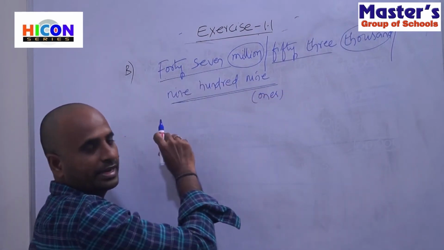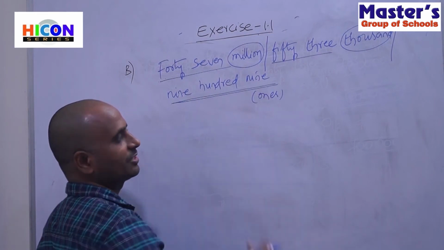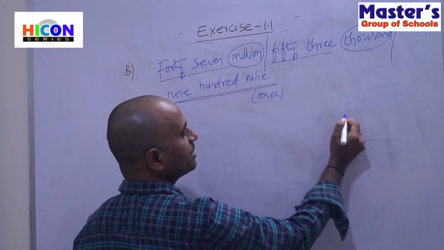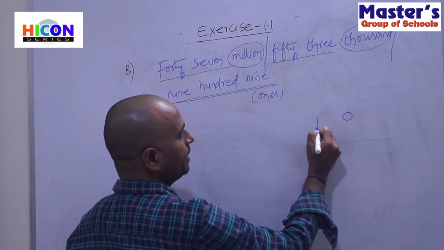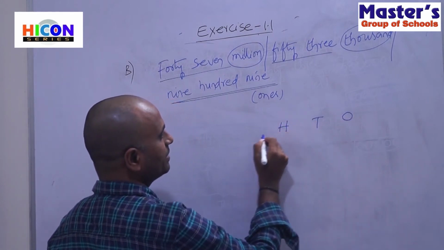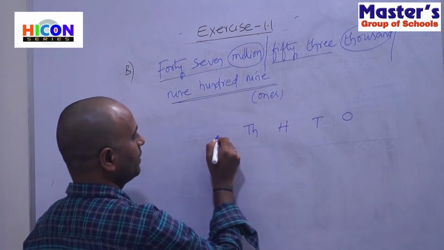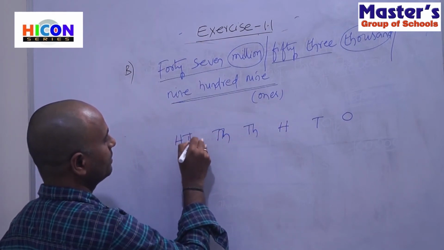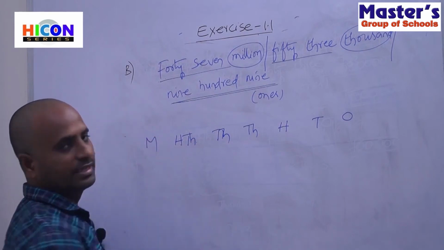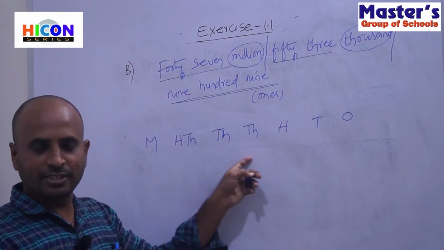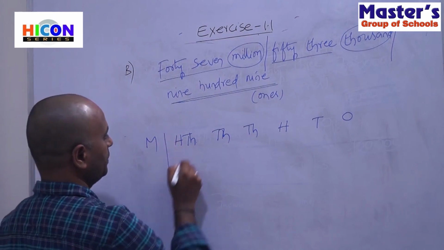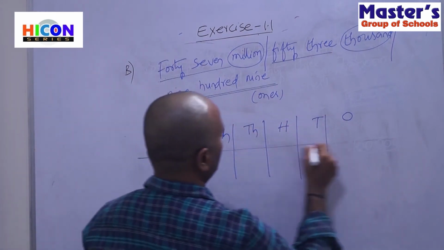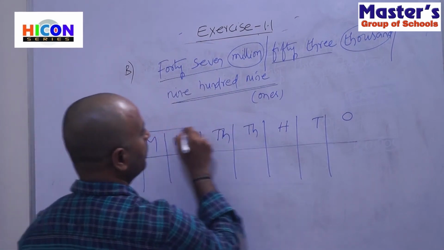Now draw the place value chart for international system of numeration. The place value chart is ones, tens, hundreds, thousands, 10,000s, 100,000s, million. These are the places in international system of numeration. Now mark the periods.